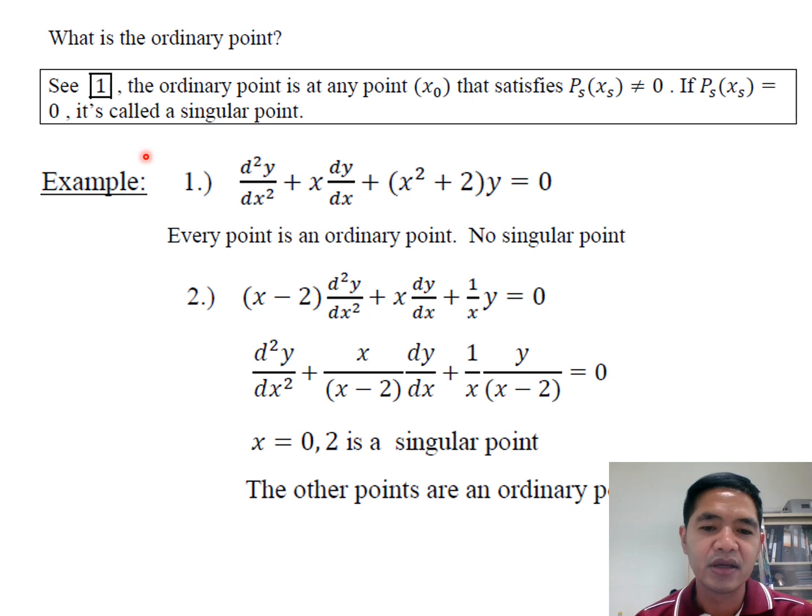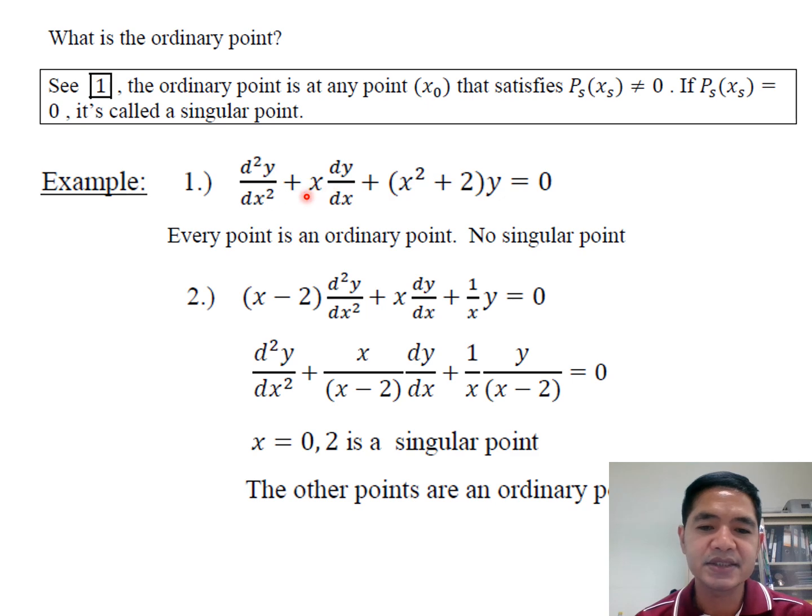Let's take a look at example 1. We have d squared y over dx squared plus x dy over dx plus (x squared plus 2) times y equal to 0. This is a linear differential equation of second order, and it's already arranged in the form of equation 1 from the previous slide.